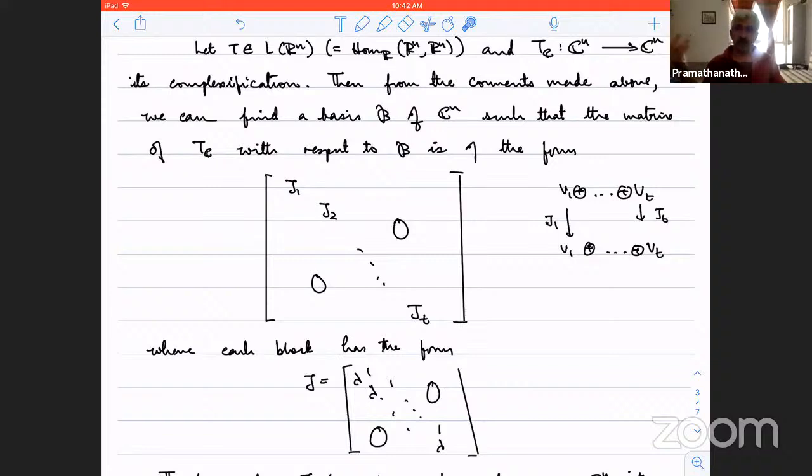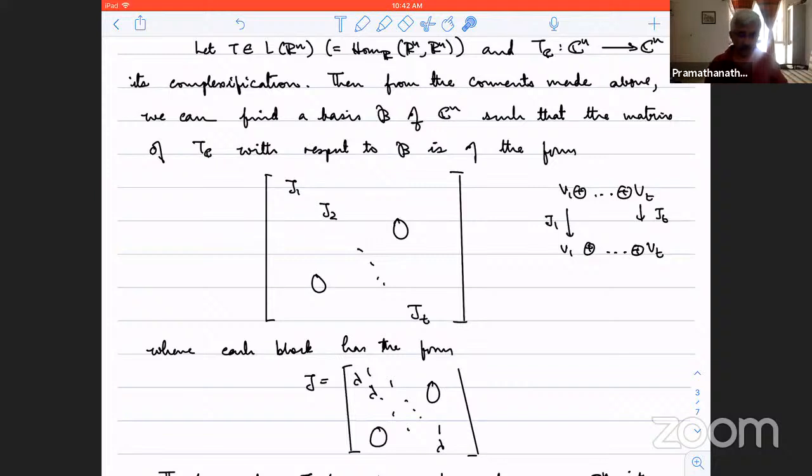Say lambda. Then lambda bar also has a Jordan block. And in fact, you can choose your basis in a clever way so that that Jordan block's basis is the conjugate of this Jordan block. So let's say J2 is the corresponding Jordan block for lambda bar.